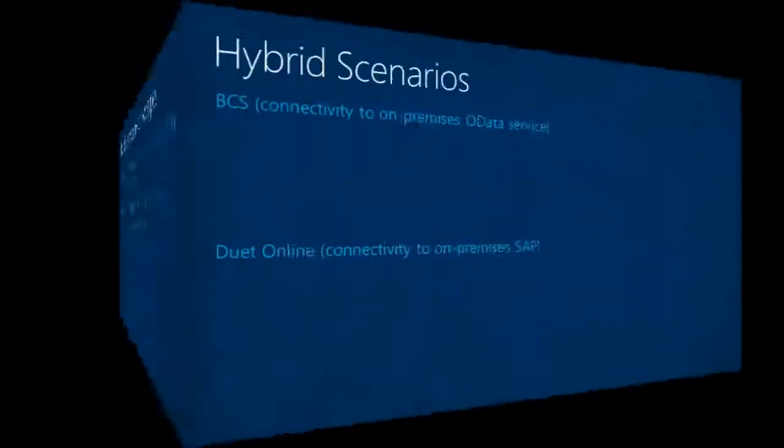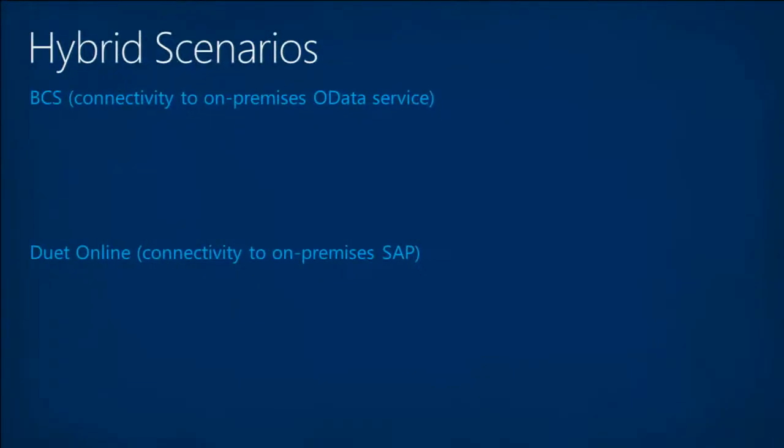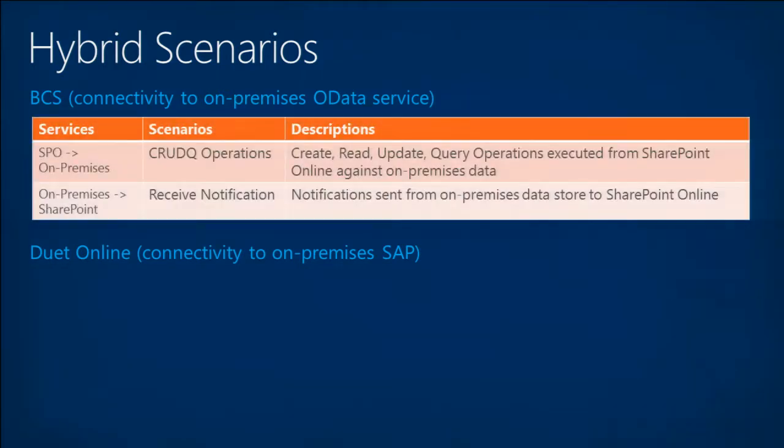And so to get a little more specific, the scenarios I'm going to talk about in today's talk are around BCS inside SharePoint Online and Duet Online. For BCS, I'm going to talk about two scenarios.